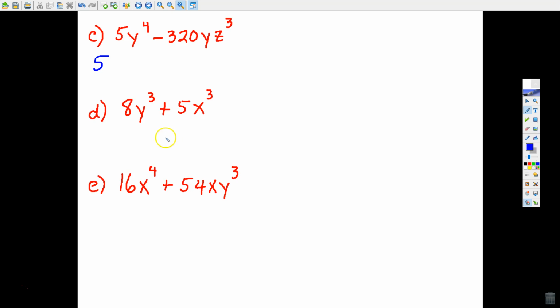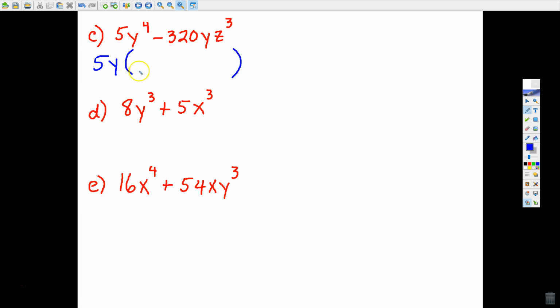Now let's look for a common variable. Is there a common variable between these two terms? Looks like they each have y in them. So y is a common variable, y to the first. Okay, so I do have a factor. The greatest common factor is 5y.